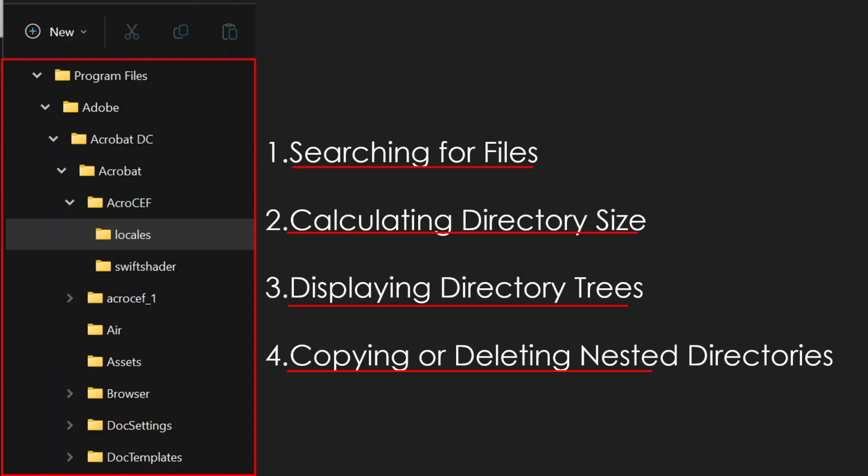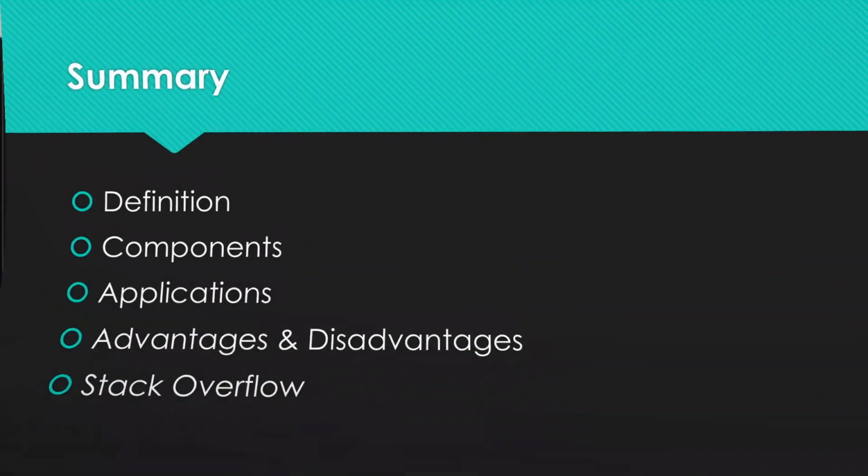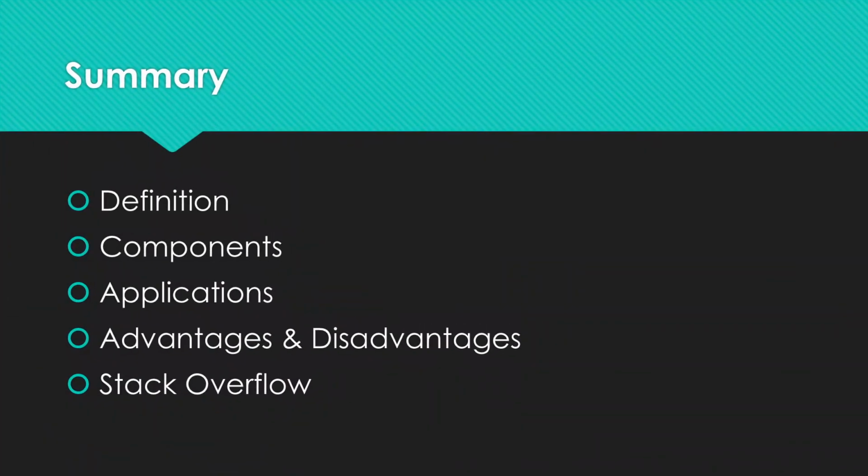Okay, so that is the end of this lesson. We've learned that recursion is when a function calls itself in order to solve a problem whose solution can be divided into smaller subproblems.